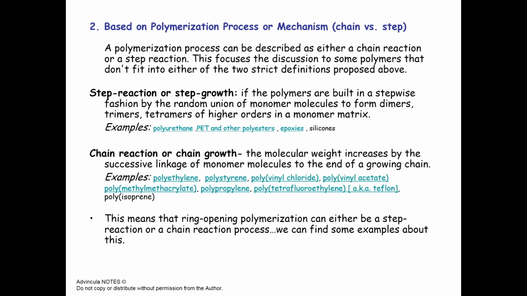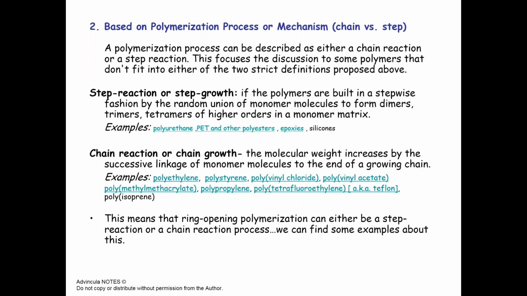So step growth polymerization means that the polymers are observed only at the end of the reaction, whereas at the beginning, oligomers are formed starting from dimers, trimers, tetramers to go on and produce your polymer. This is actually how you produce polyurethane, epoxy, polyamide, silicones.